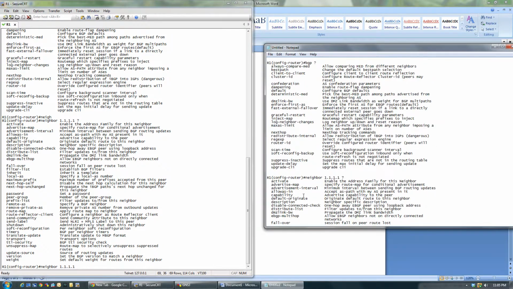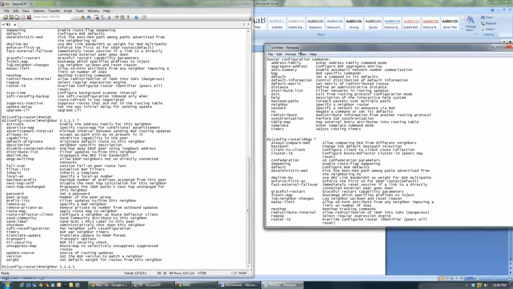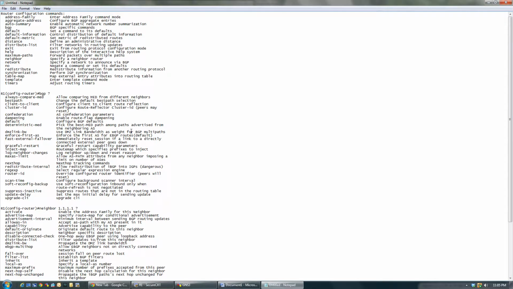So we have a few sets of commands here, right? One of the things that people get confused with is the application of the command, whether it's a global configuration command or an interface configuration command. This is actually a CCNP topic, but it's very much applicable in CCIE because it's built on the CCNP concepts.